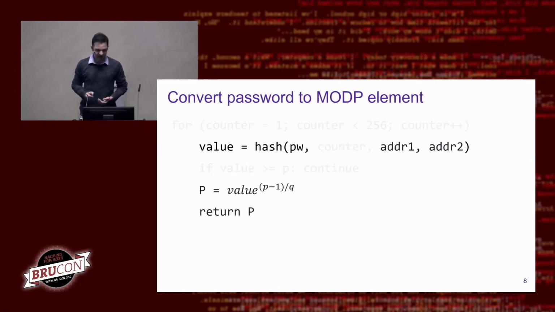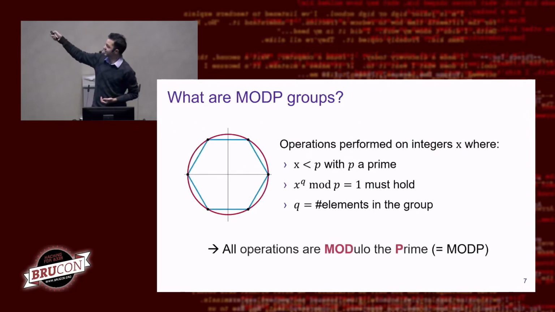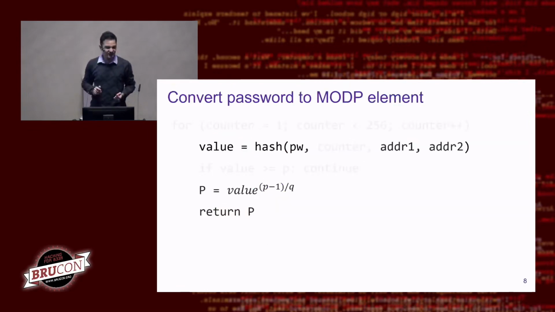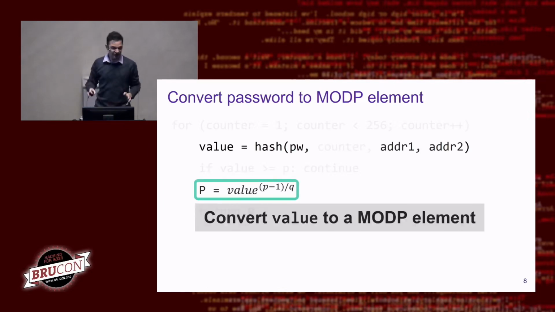Now there is one more thing that we need to do. We need to make sure that this integer satisfies this special equation. Without going into too much detail, to make sure that this is the case, we can simply perform this calculation. And then we are sure that the value P here is indeed a member of this mod P group. So you don't need to know why this works, just accept that this works. If I execute this, P is a valid member of the group, and then we are done.